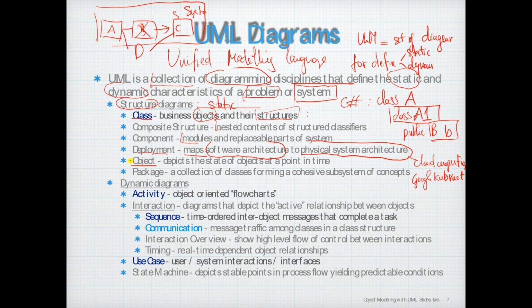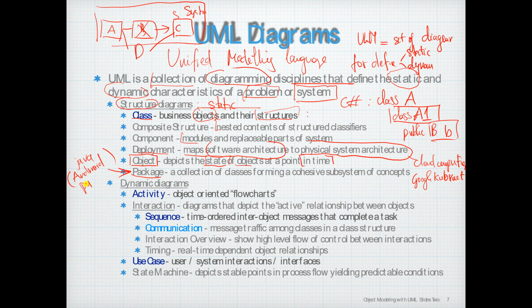An object is an instance of a class. It depicts the state of an object at a point in time. Package: this term is related to Java, or you can see it in Android.